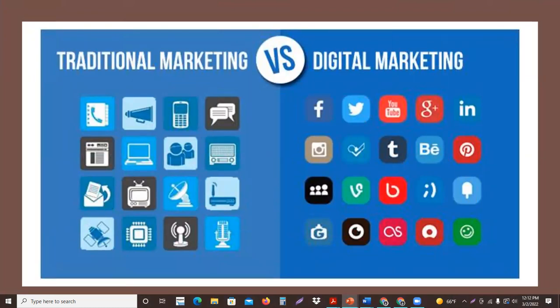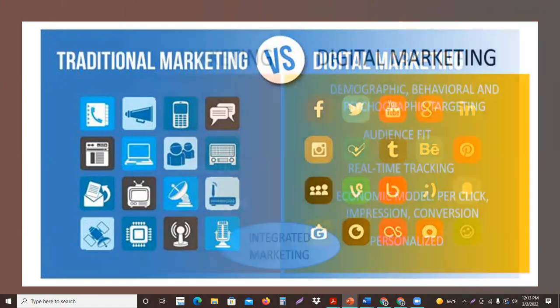So when we talk about what we want to do, it's going to be a blend of both. You can't straddle one side of the fence and say, I'm only going to do digital marketing and ignore traditional, or vice versa. They both have a time and a place, and they both have an importance, but you have to understand the differences. So when you approach this, you can become an integrated marketing strategy that takes both sides and capitalizes on them.